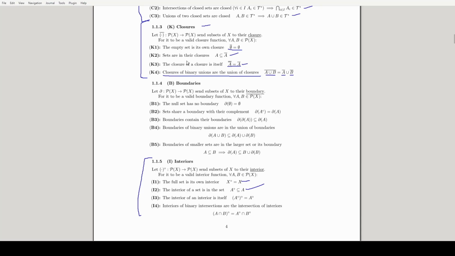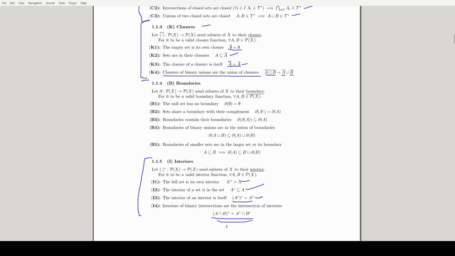Similar to how the closure of the closure is itself, the interior of the interior is itself. That's basically saying interiors are open. And then interiors of binary intersections are the intersection of interiors. So, not as easy to describe as this closures of binary unions thing. That's pretty intuitive, I think. I don't know how to explain this intuitively. It's sort of just the flip side of the closure one.